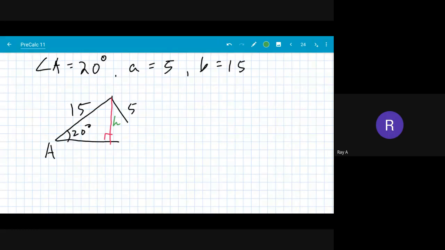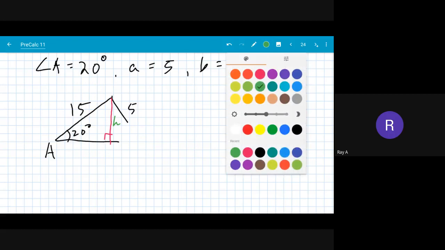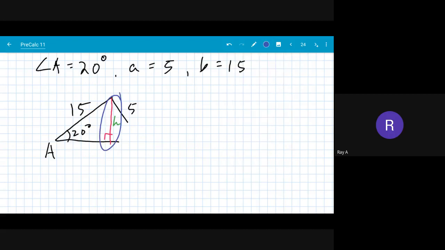Our problem is we don't even know how long H is. But if you go back to Math 10, we have worked with right triangles, and SOHCAHTOA tells you that if you choose SOH, sine opposite hypotenuse, then this height, which is opposite 20 degrees, we can actually create a sine ratio. From Math 10, sine of 20 degrees equals opposite over hypotenuse.